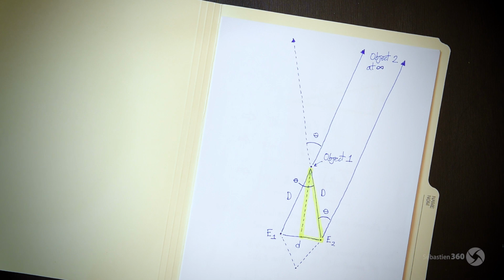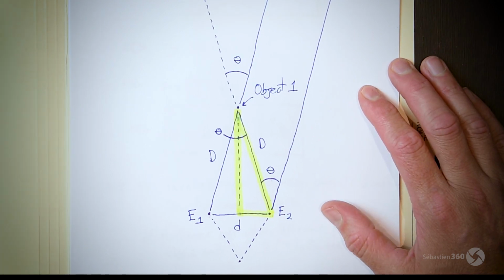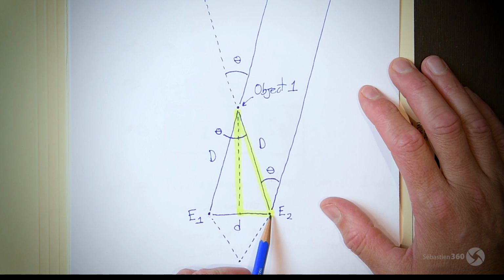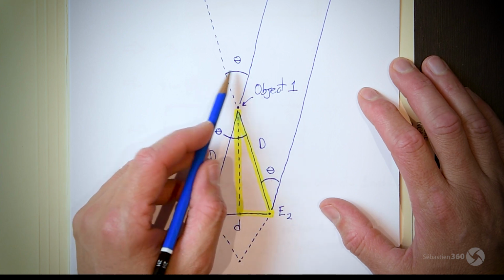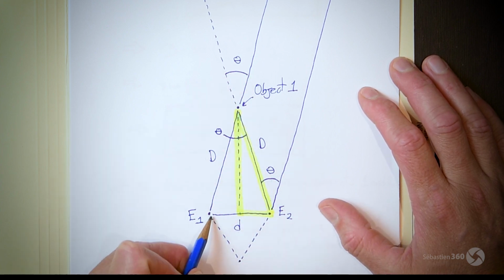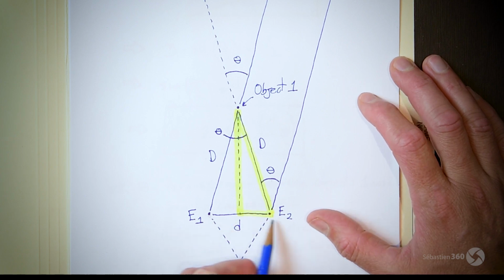Now this is the exact same model, but represented in a more geometrical way. So we have our camera 1 and camera 2. We don't need other cameras because we only need 2 cameras to measure the parallax. So this is the entrance pupil, or lens 1, lens 2, and they are separated by a distance little d.